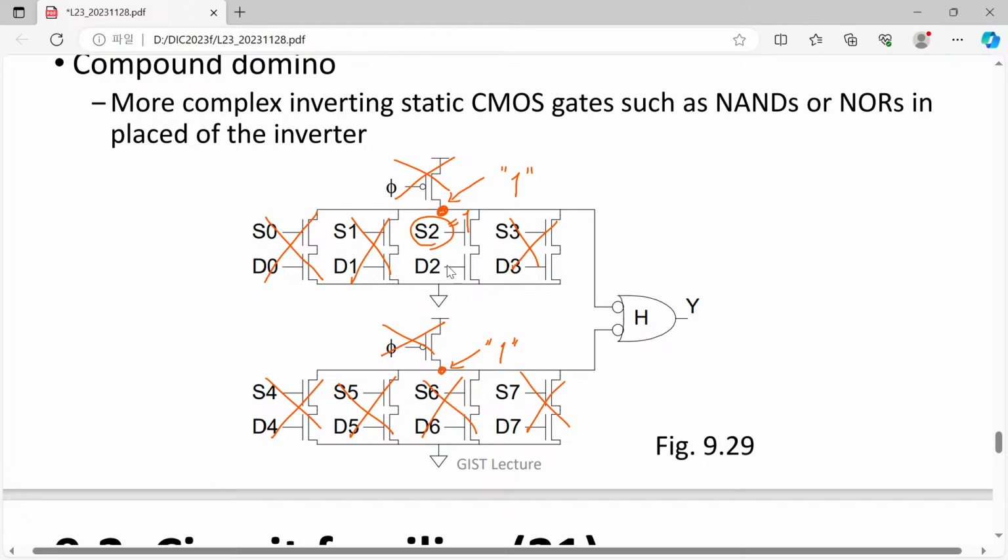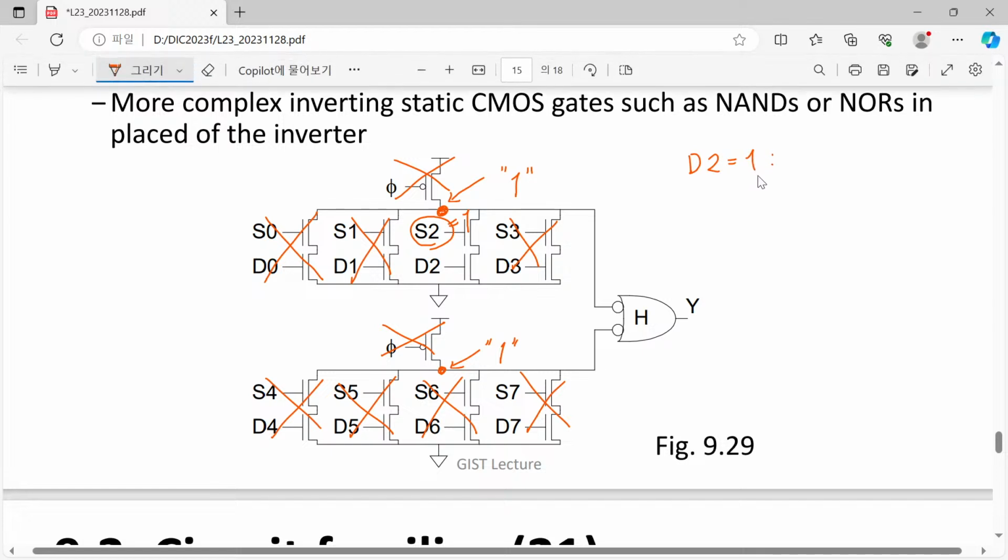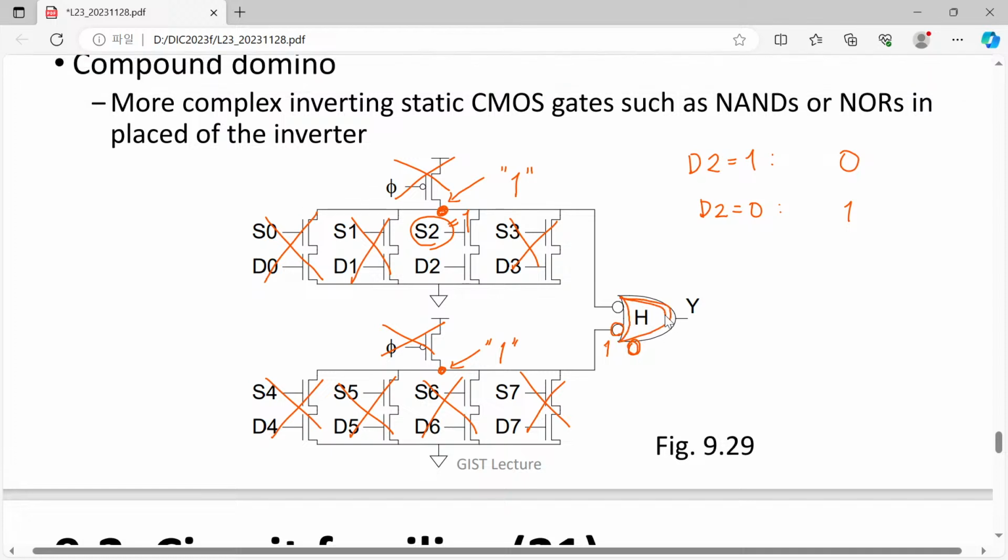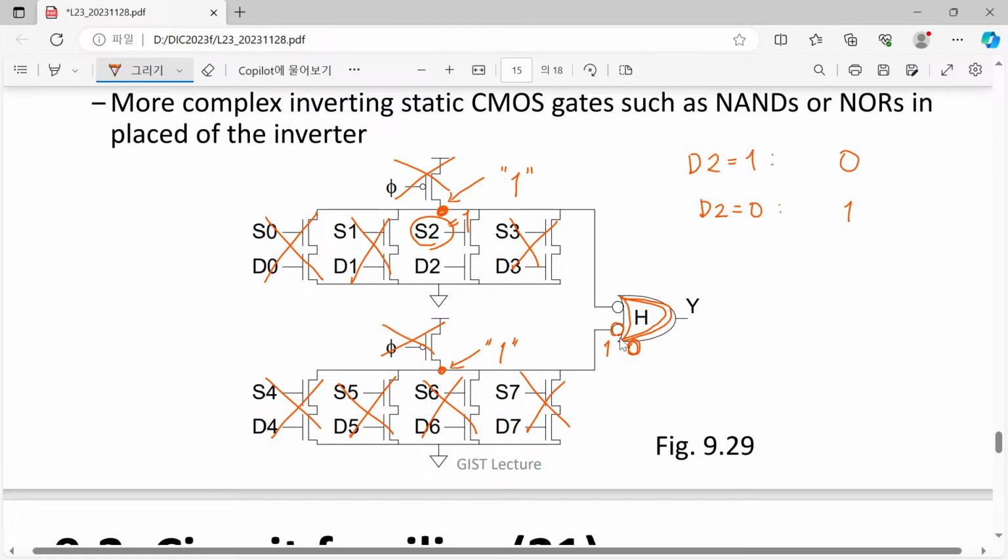Then, depending on your D2, if D2 equals 1, then this node value will become 0. And if D2 equals 0, then you still have this output value of 1, and you have a bubble and you have 0. Since this is just an OR gate, it doesn't play any role.